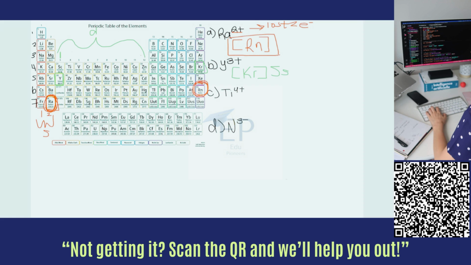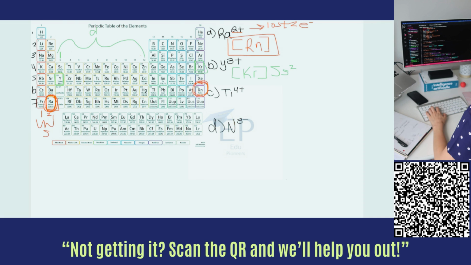And since Y comes after the s orbital region, we know that that s orbital is complete. We know it has 2 electrons. Now we're going to write in the d orbital. As a reminder, when you're writing the energy level for the outermost d level, it's going to be the energy level of the row number minus 1.